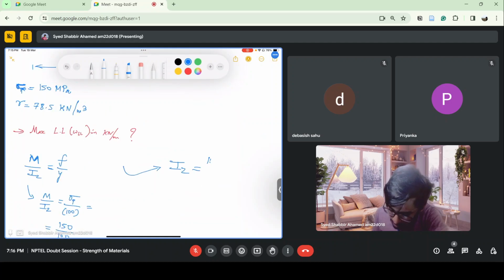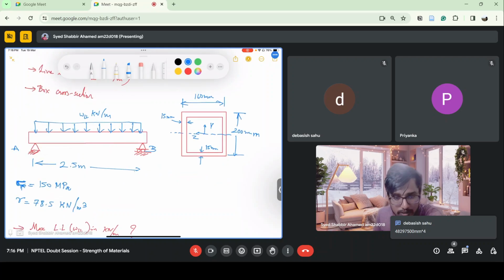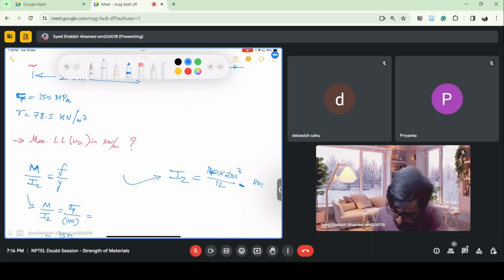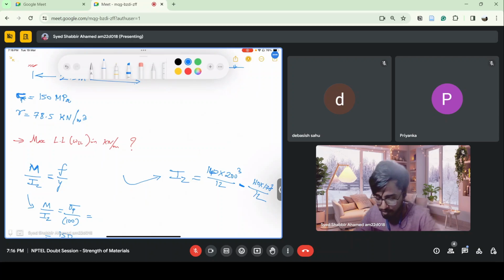So basically 140 into 200 cube by 12, and the inner dimensions are 110 into 170 cube by 12. So whatever you are getting, you just subtract it.